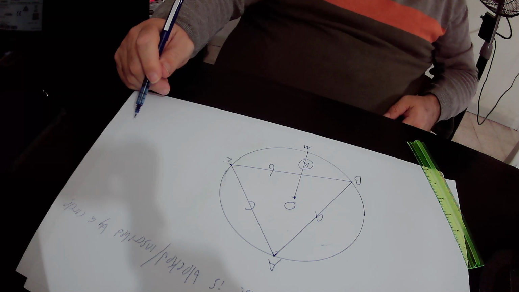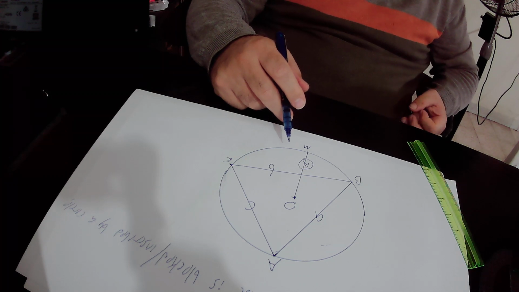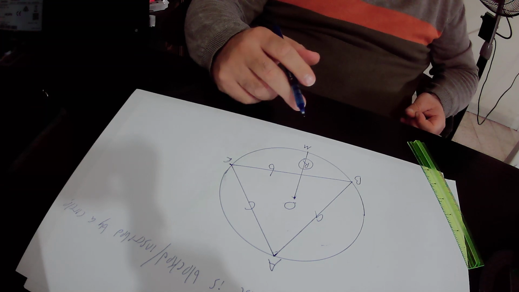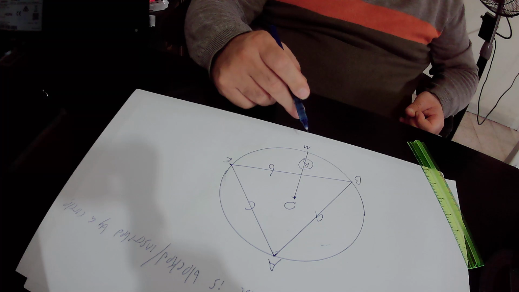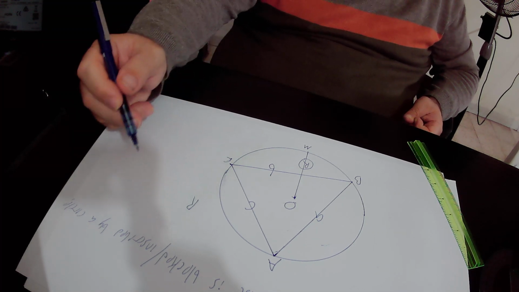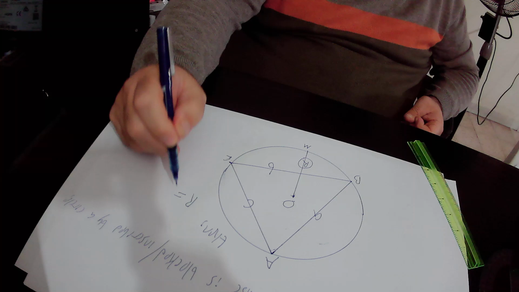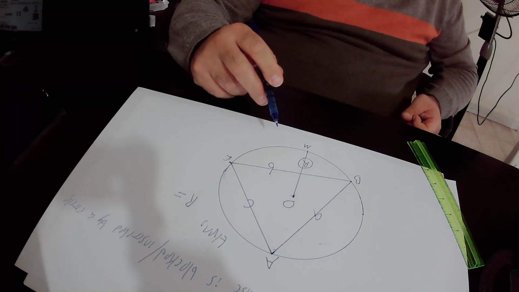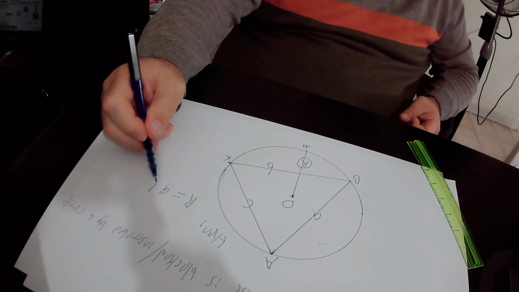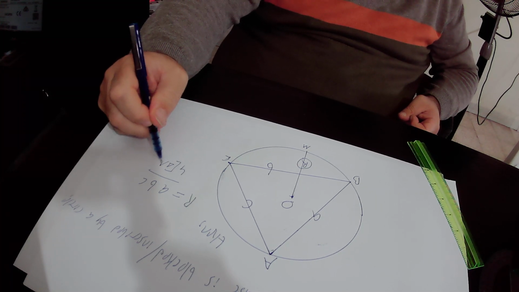So we can find out the radius of this circle that blocks triangle ABC only by knowing the side lengths of the triangle. So the radius of this circle, that is to say capital R, will be equal to the multiplication of the side lengths of the triangle by each other, that is A times B times C, over 4 times the area of triangle ABC.